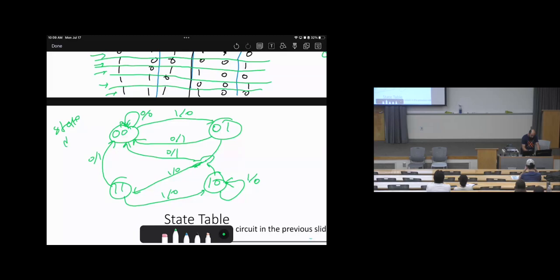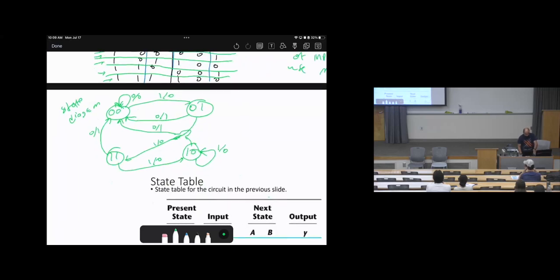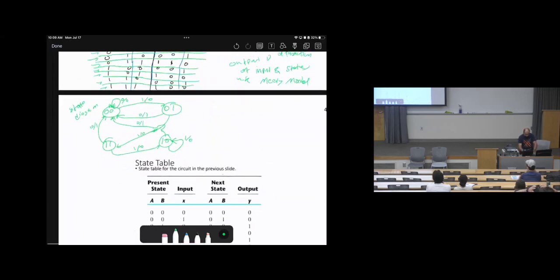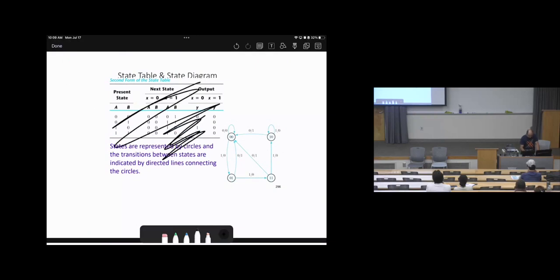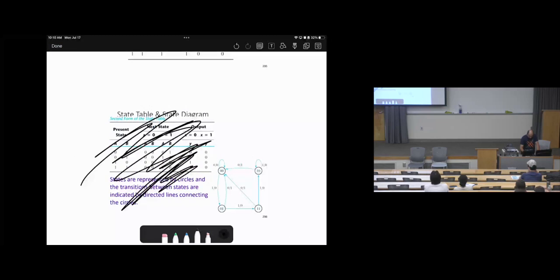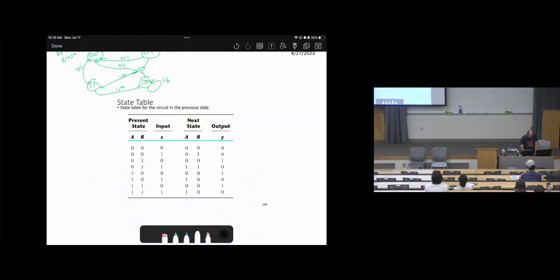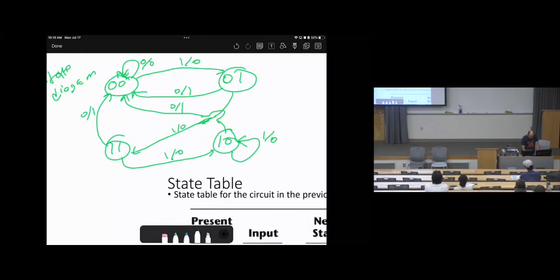Any question? Okay. Here, the state table is the same way that I drew here. Let's forget the other parts. But you see my sequence: I make 00, 01, 10, 11.